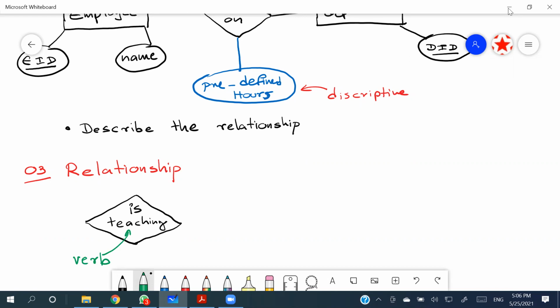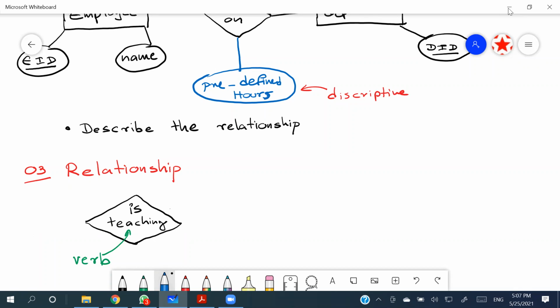So far we know the weak entity is indicated by double lines, and the relationship which relates that weak entity is also considered weak, so it is drawn with double lines as well. So it's a weak relationship.